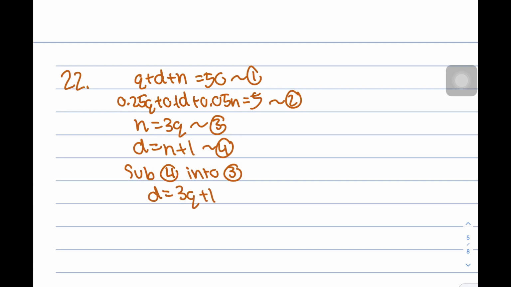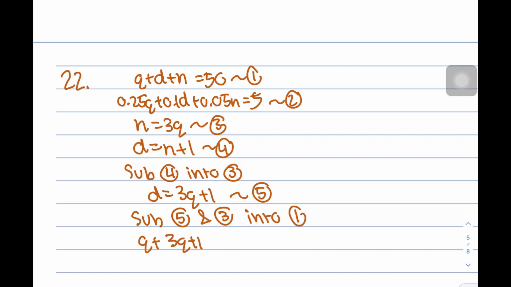This way I get D equals 3Q plus 1, and this is going to be equation 5. So I'm going to sub equation 5 and 3 into equation 1. So I get Q plus 3Q plus 1 plus 3Q equals 50.